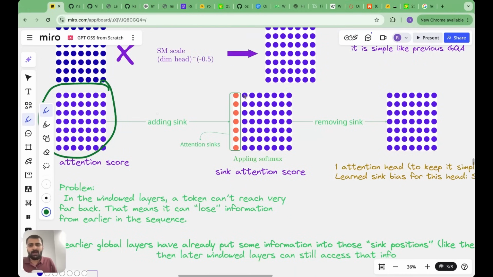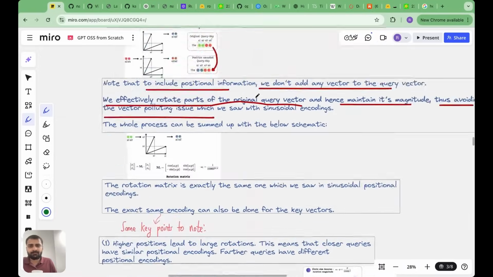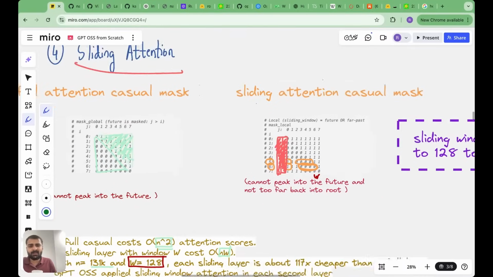They added one more column to it, which was called the attention sink. Now, this attention sink will naturally capture a lot of unnecessary attention given to those earlier tokens. That is fine. And so you can think of this as the attention sink here.